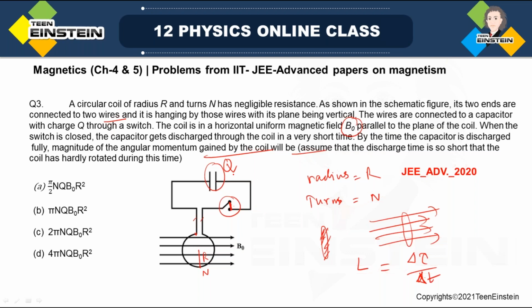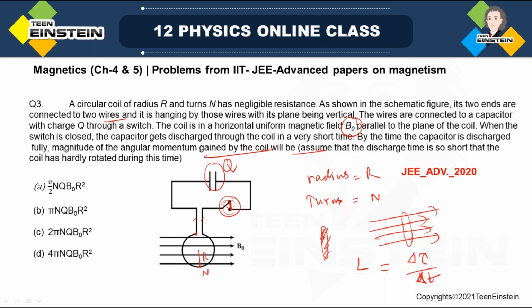There will be a flow in a very small time interval. The whole charge will flow suddenly through the wire, and because of that there will be a torque.